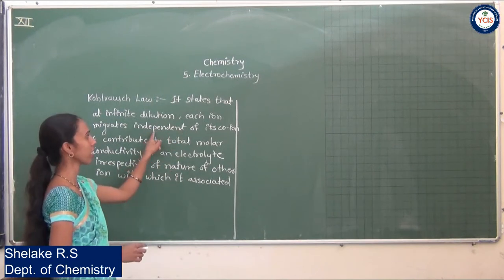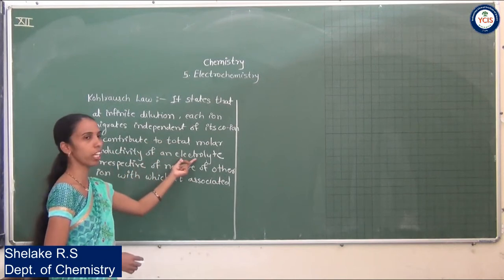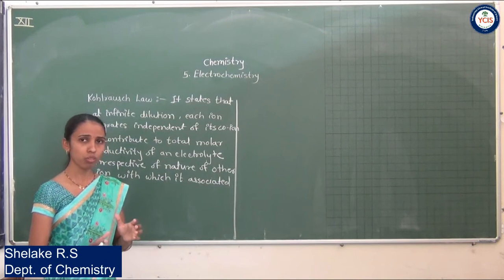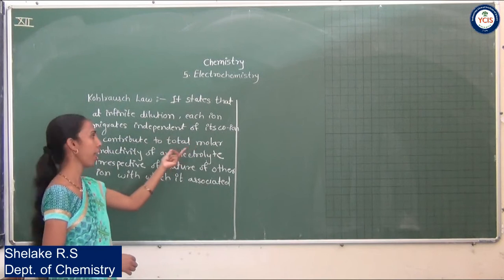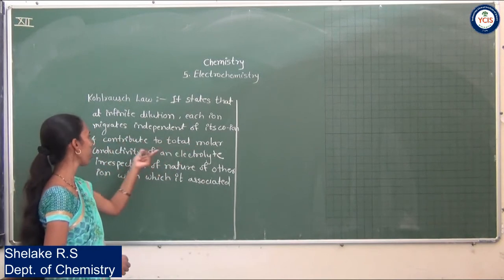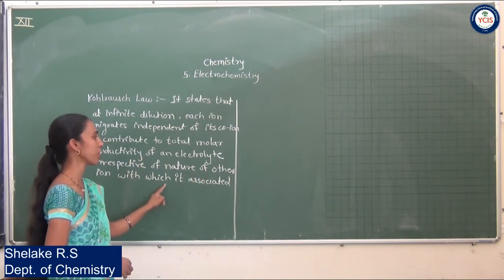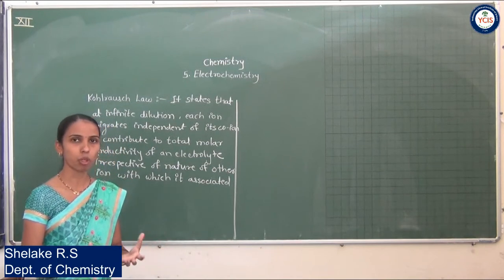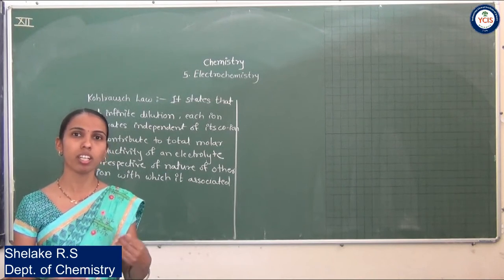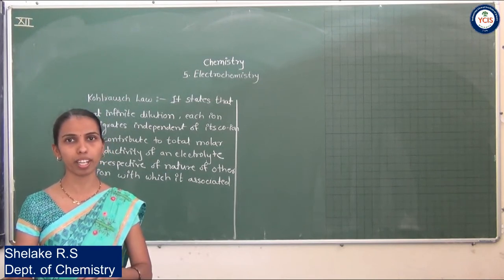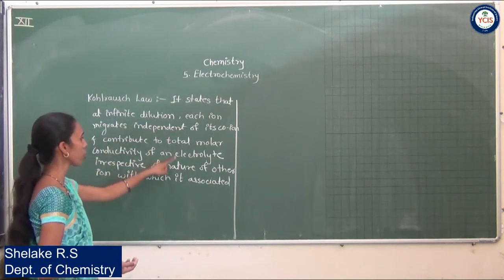Each ion contributes to the total molar conductivity of an electrolyte, which depends on the number of cations and anions, irrespective of the nature of the other ion with which it is associated. So this is the Kohlrausch's law statement.